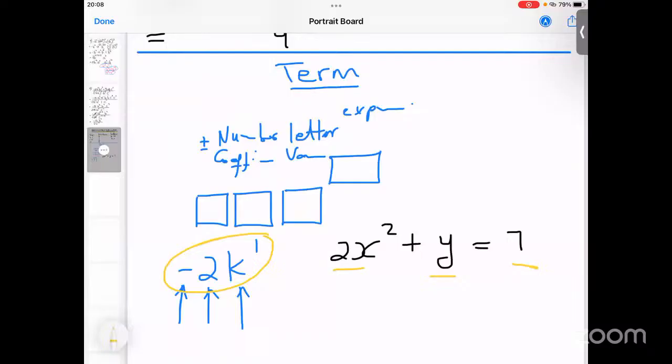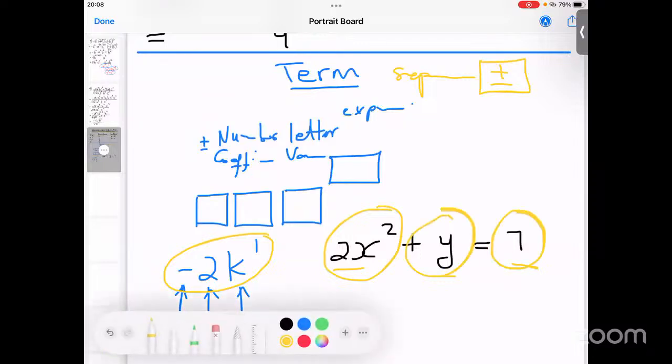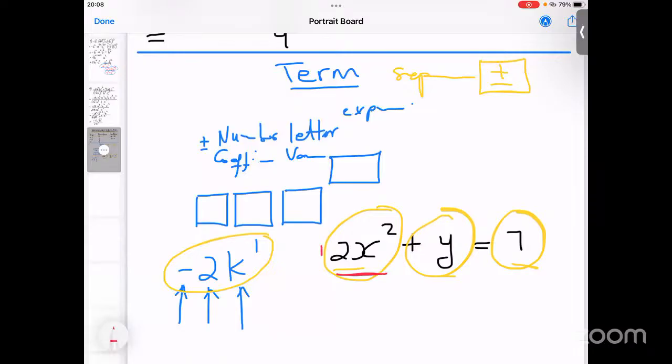Remember, a term is separated by a sign of a plus or a minus. This sign separates a term, which means this is a term on its own, that is a term, and that is a term being a constant when it's a number. So, interpreting the first term, we have an invisible positive. If a sign is not written, then you know it's an invisible positive.